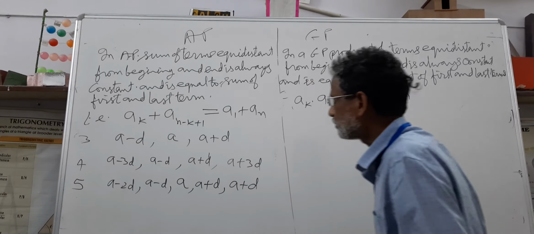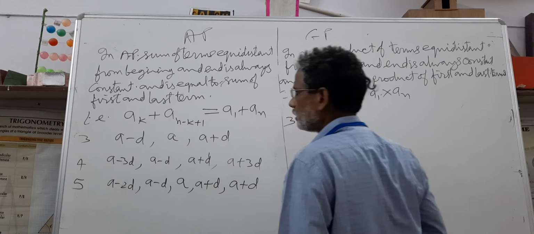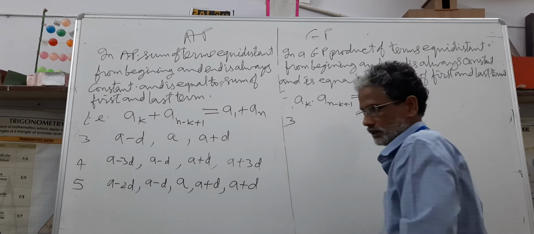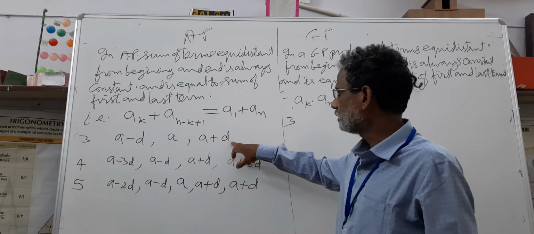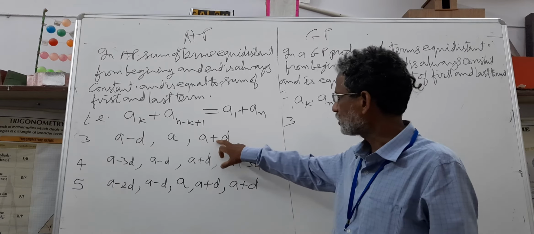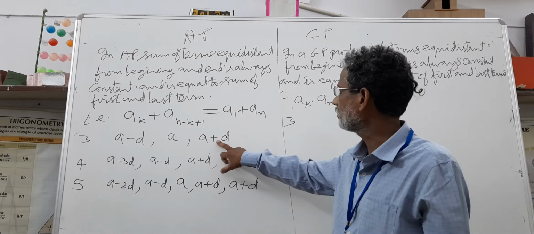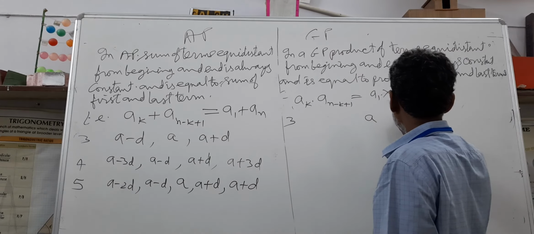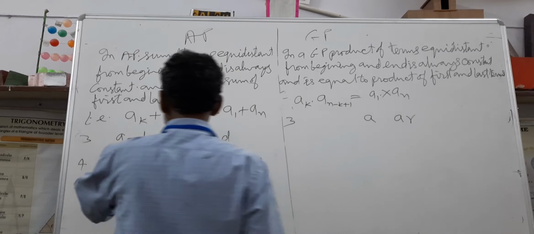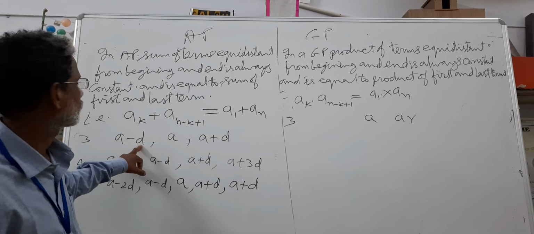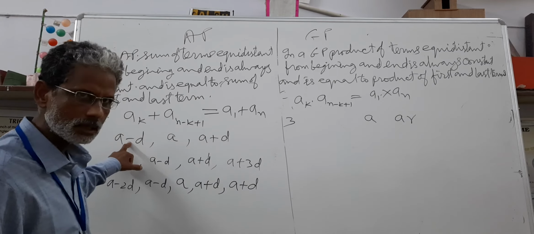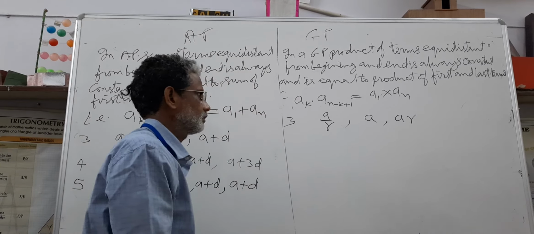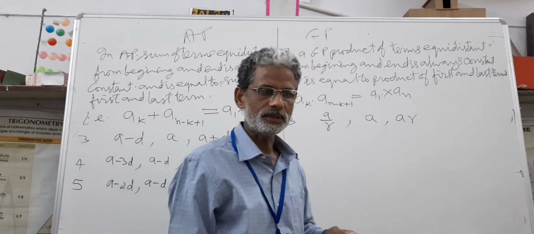But in case of GP, if you want to take 3 terms, then the number of terms is odd, so put central term A. Now D converts to R and plus changes to product. The short form of AP is GP. The short form of plus is product. AR on the right side, D changes to R. The short form of subtraction is division. It looks like A by R. These are 3 terms of GP.